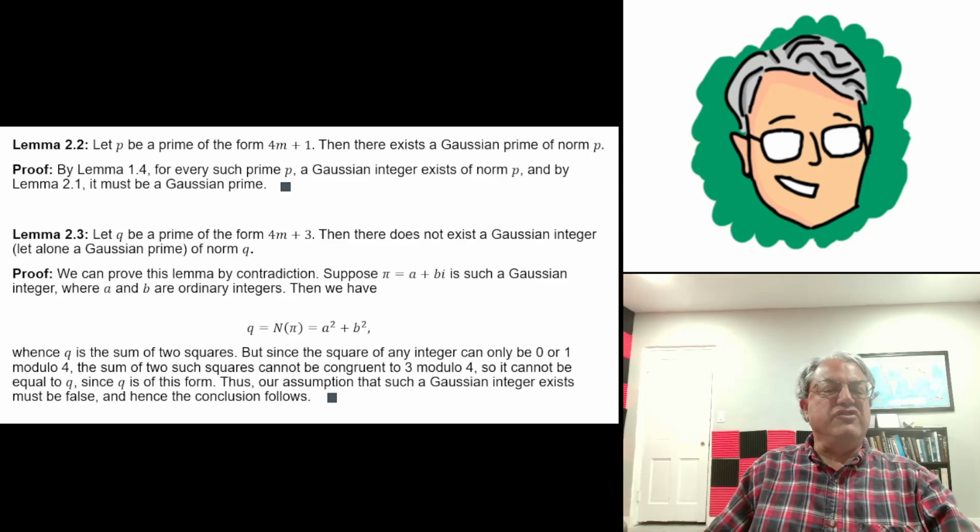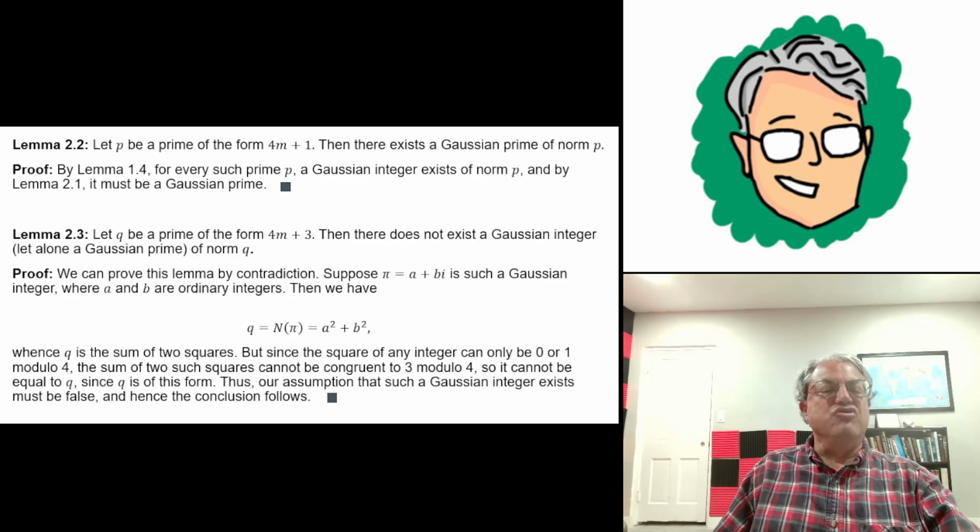I'm going to argue by contradiction now. So we're going to assume that there does exist a Gaussian integer. I'm calling it pi here. It doesn't have to be pi, it could just be an arbitrary Gaussian integer. We can always write a Gaussian integer as a plus bi, where a and b are ordinary integers.